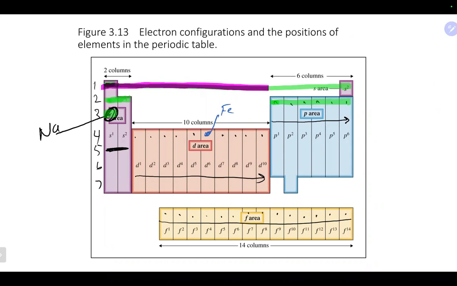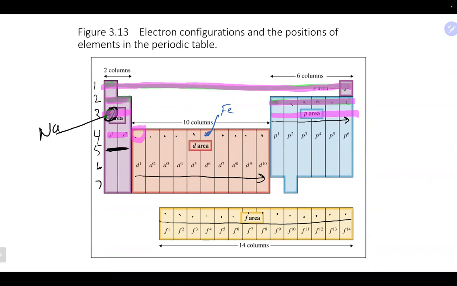That would be 1s2 to helium, 2s2 to beryllium. From boron to neon would be 2p6. This would be 3s2 to magnesium, 3p6 from aluminum over to argon. What comes next is 4s2 right here, which is SC on the periodic table.